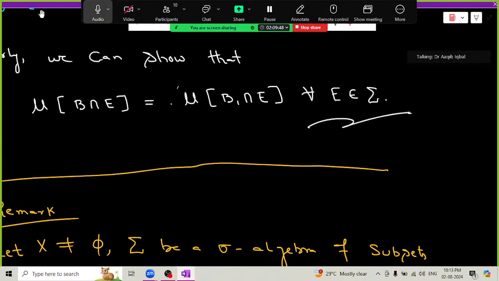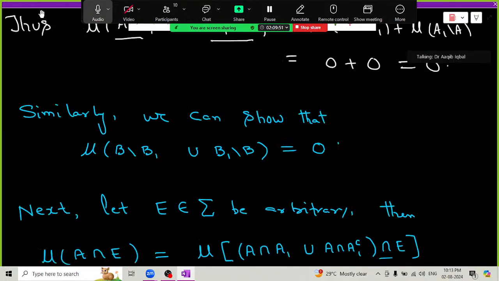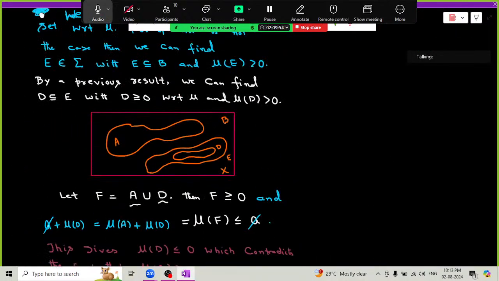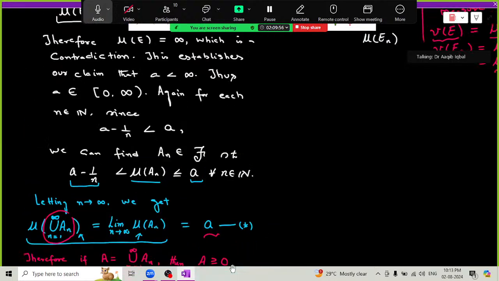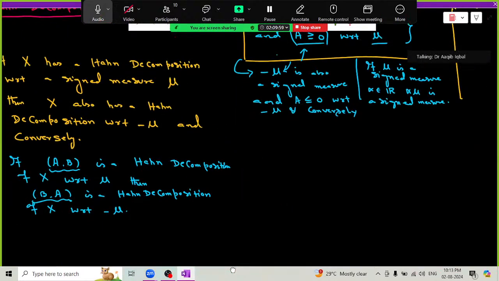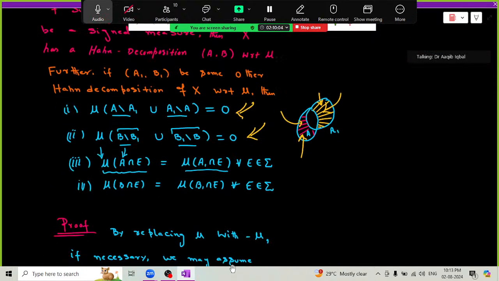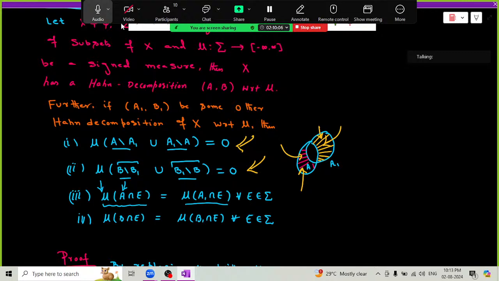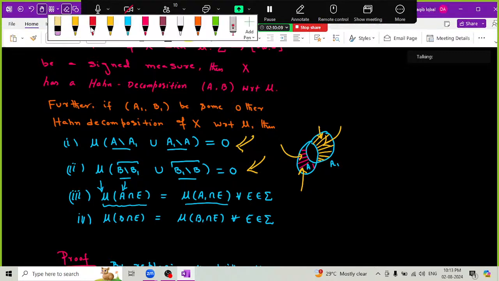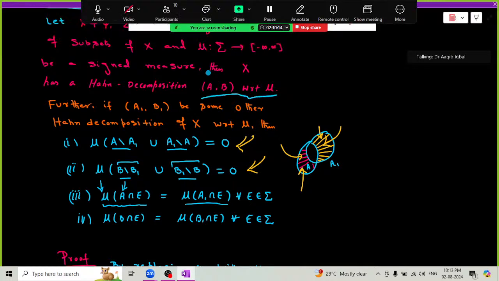The reason is the Hahn decomposition theorem; we have already settled this earlier. See this: if A, B is a Hahn decomposition with respect to mu, and if A1, B1 be some other Hahn decomposition, then mu of A intersected with E is the same as mu of A1 intersected with E.